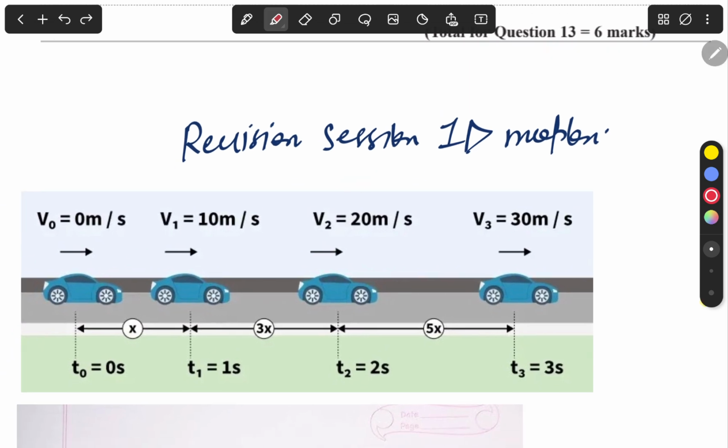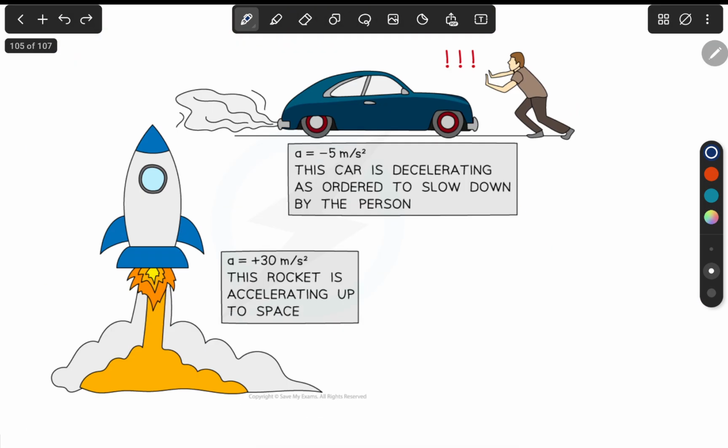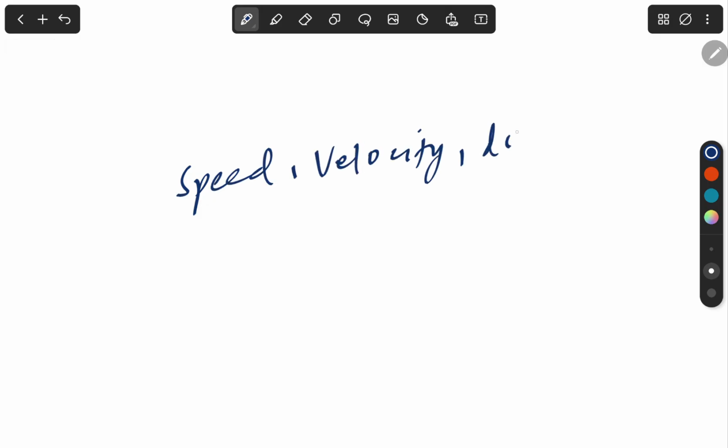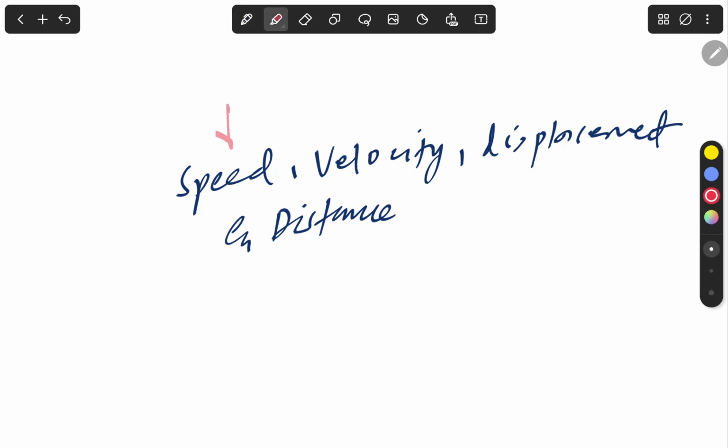These are some keywords. So we have speed, we have velocity, we have displacement, and we have distance. We saw what the difference between velocity and speed is, and displacement and distance is.